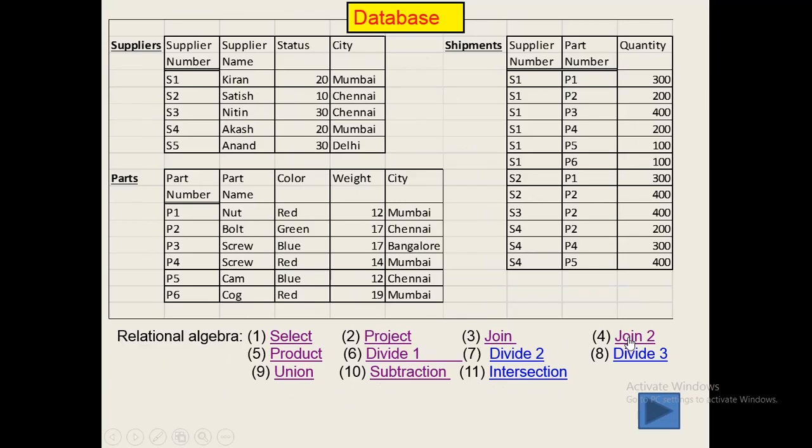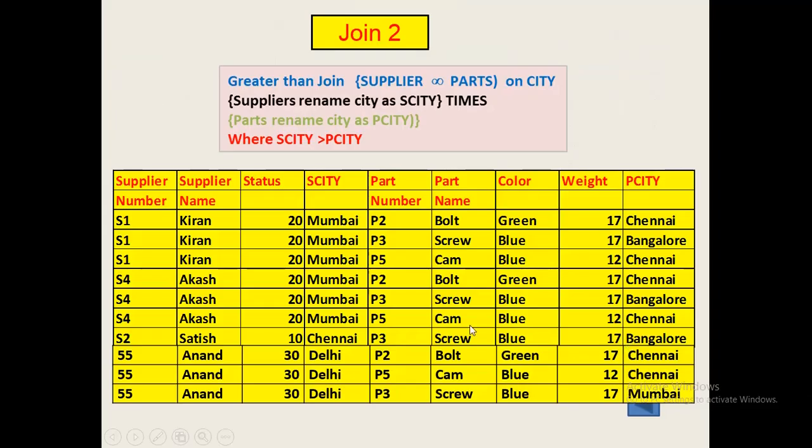The next operation is conditional join. Conditional join is used when we want to join two or more relations based on some conditions. The condition mentioned in this example is to join the supplier dataset with the part dataset on city where supplier city, say S city, is greater than part city, say P city.